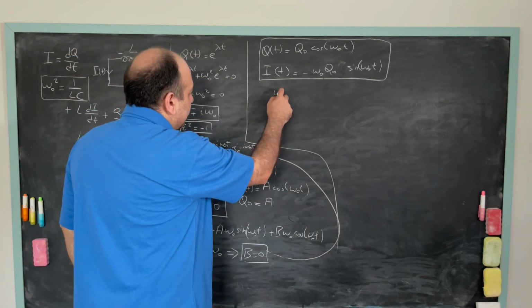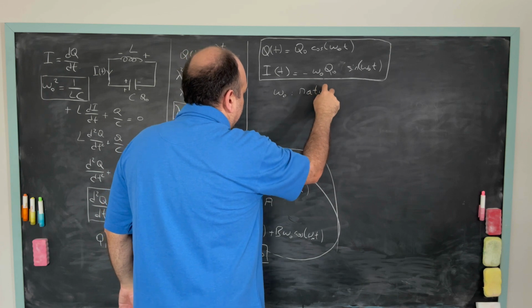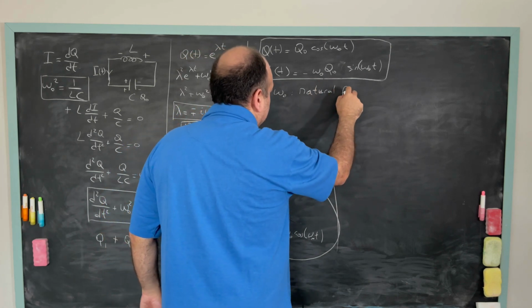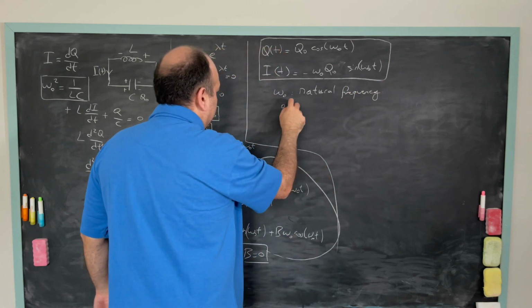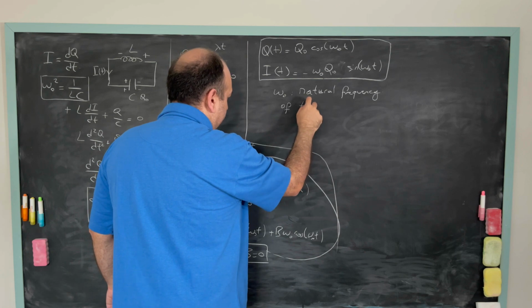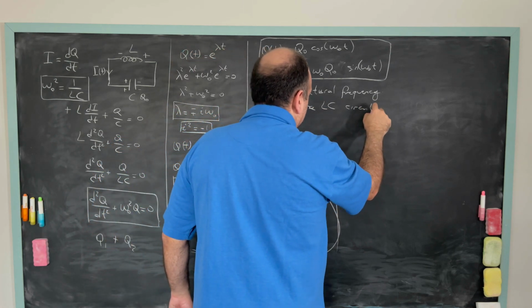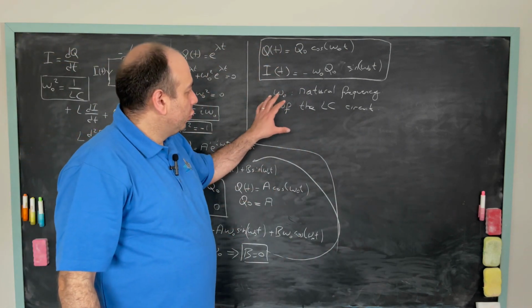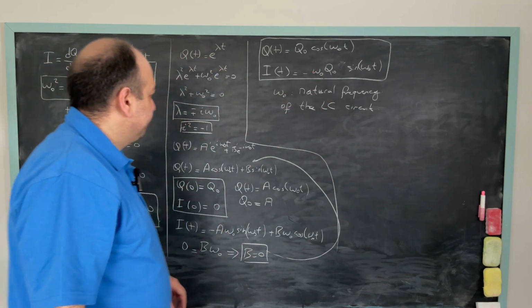So omega naught here is defined as the natural frequency of the LC circuit. It is really crucial to know what this omega naught is and how we define it.